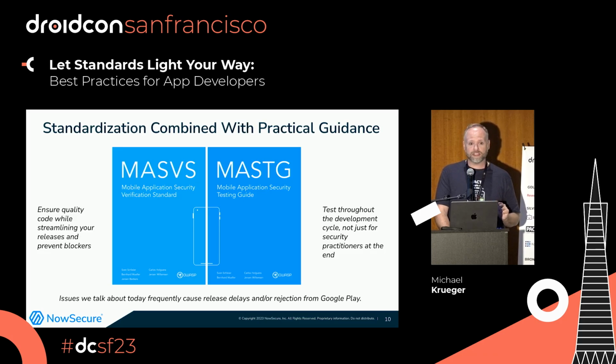And every single one of these, Google also collaborates with industry partners on, and they prevent apps from entering the Google Play ecosystem because of these issues. They will send notifications back out and say, you are not approved to release this version of your app because of the following reasons. Everything that we talk about today is in that list of reasons.